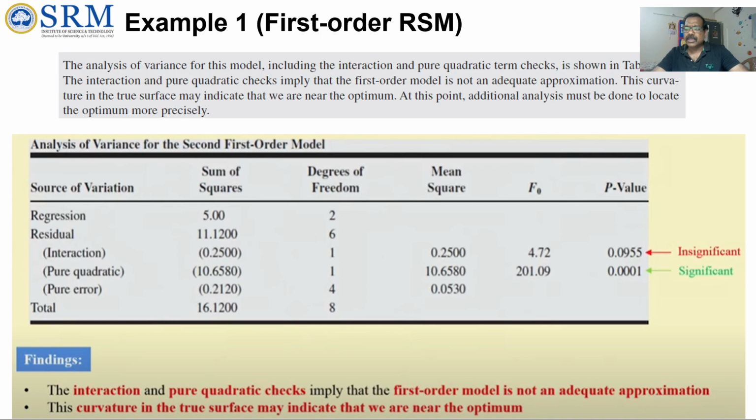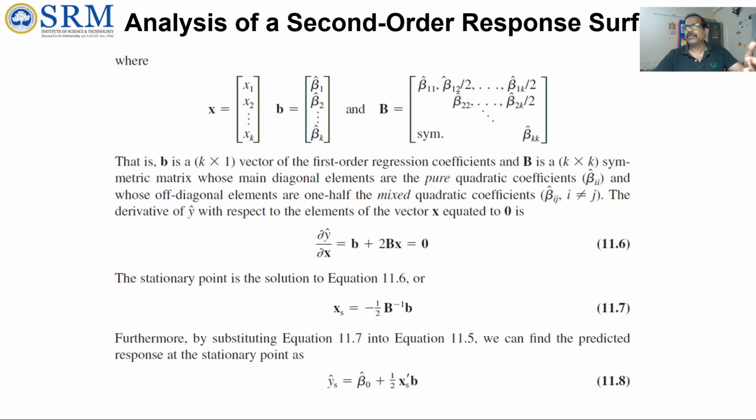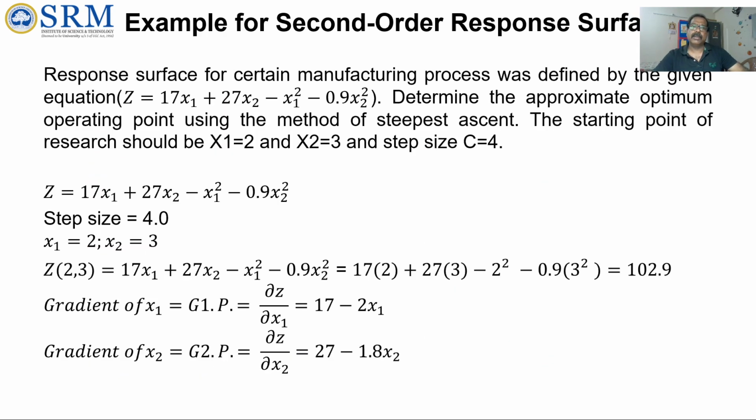In this problem I am going to discuss the second order model. I am not giving much explanation of the story, so I am jumping directly into the second order model problem. Here the problem is: the response surface for a certain manufacturing process was defined by the given equation. Directly they are giving the equation.